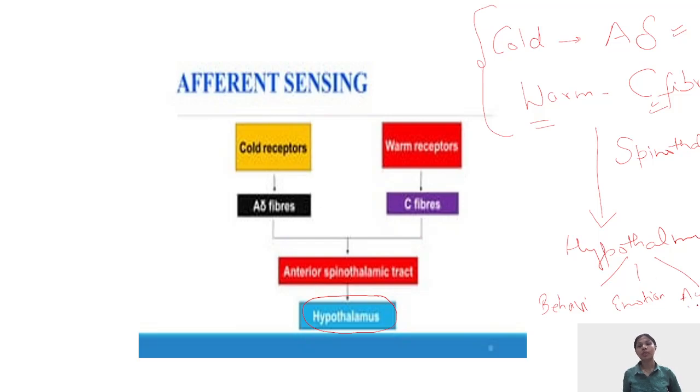The autonomic responses are vasoconstriction, vasodilation, shivering, non-shivering thermogenesis, or sweating. Behavior is like if you're touching something hot, your body will move away from that hot object, or you dress appropriately for the weather. If it is cold, you choose your sweaters; if it is hot, you choose your cotton clothes. That is your behavioral response to the change in temperatures.